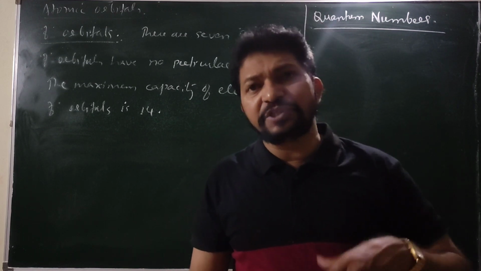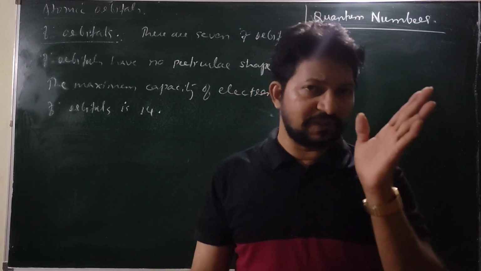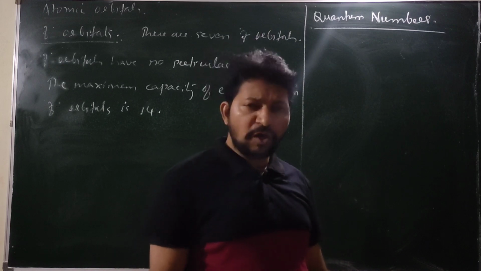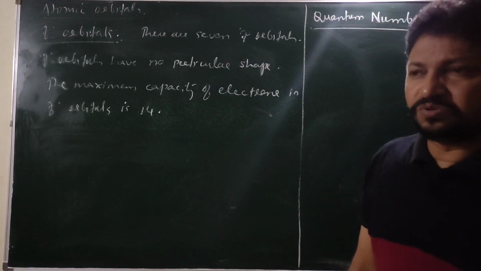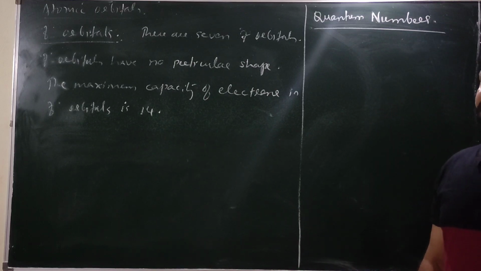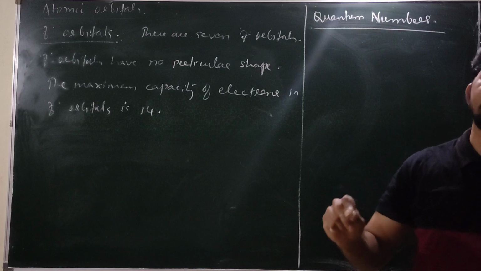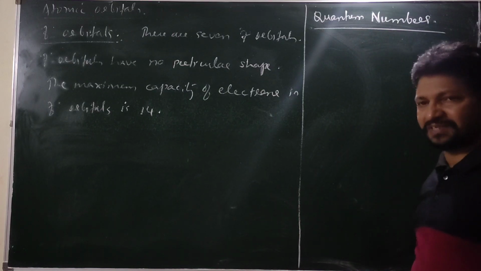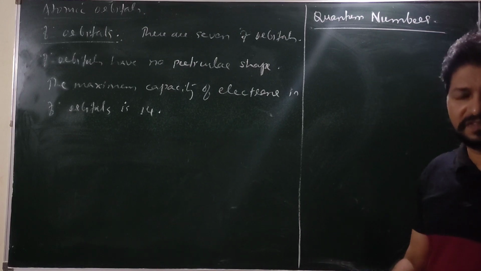See, the complete three-dimensional space around the nucleus has to be properly justified, is it not? To explain the arrangement of the orbitals around the nucleus, quantum numbers were developed. What are quantum numbers?